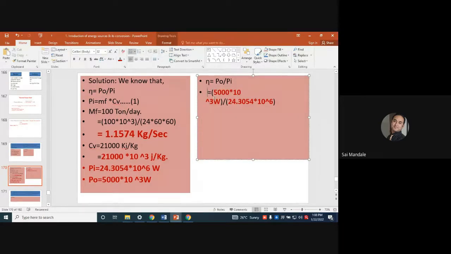Okay. 5 into 10 cube divided by 24 into something. So I have the answer for this in decimal. Now we can multiply over here by 100, because efficiency is always in percentage. And let me put into 100.